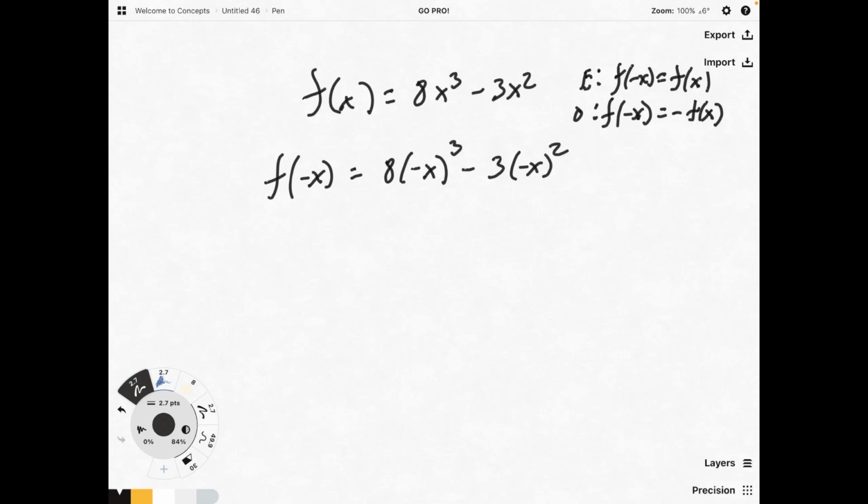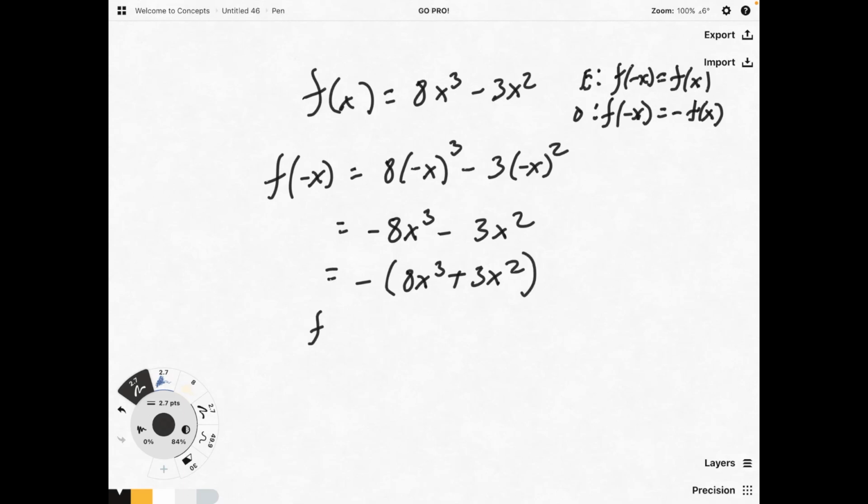When we simplify, we're going to get negative 8x cubed minus 3x squared. If we factor out that negative sign, then we're left with 8x cubed plus 3x squared. And what we see is that f of negative x does not equal f of x, our original function.